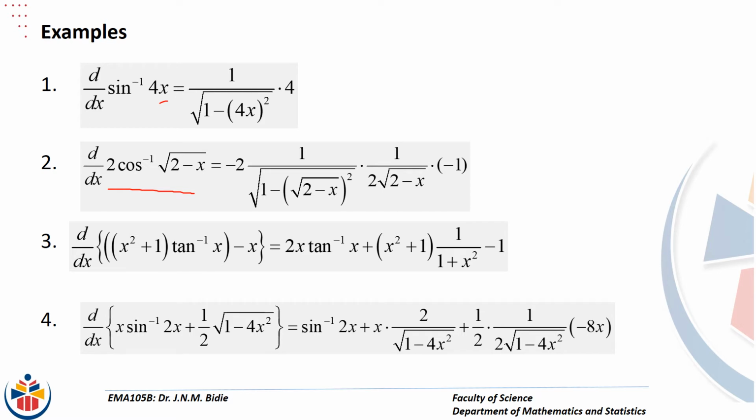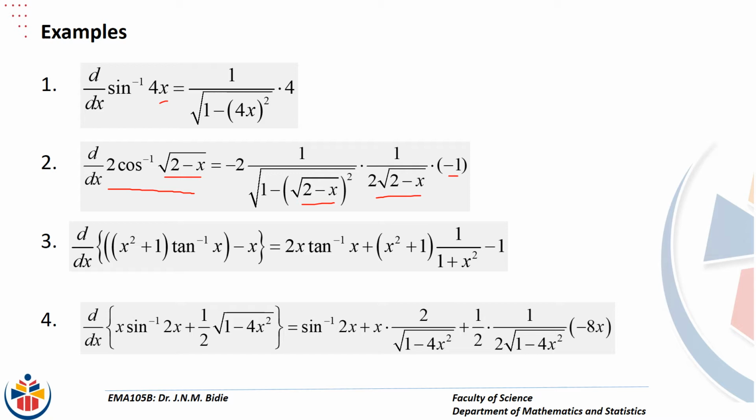So we take the 2 out, and then we have the negative of 1 over the square root of 1 minus u squared, and in place of u, we have the square root of 2 minus x, multiplied by the derivative of u with respect to x. That means we're differentiating the square root of 2 minus x, which is 1 over 2 square root of 2 minus x multiplied by the derivative of the argument of the square root.